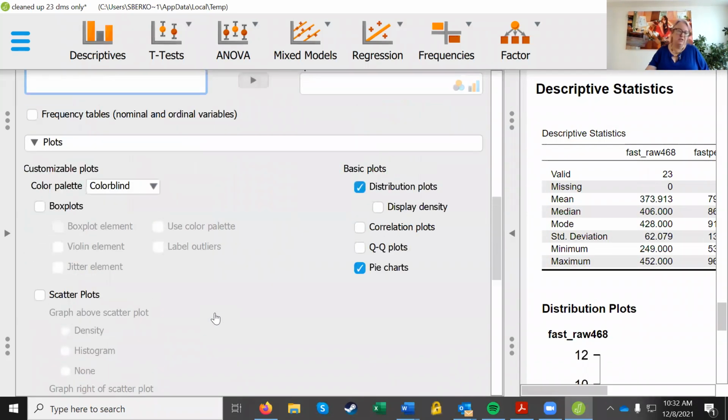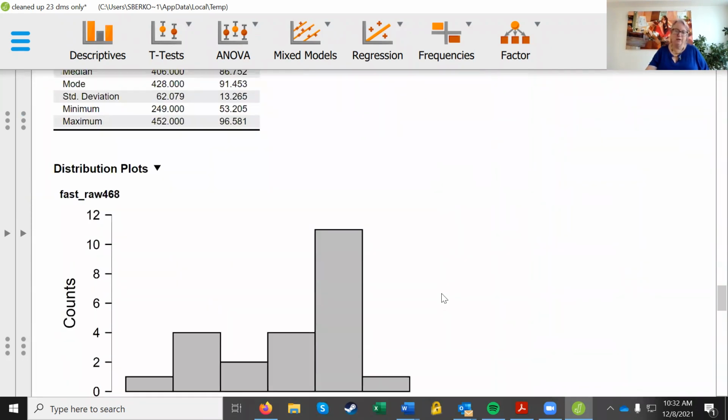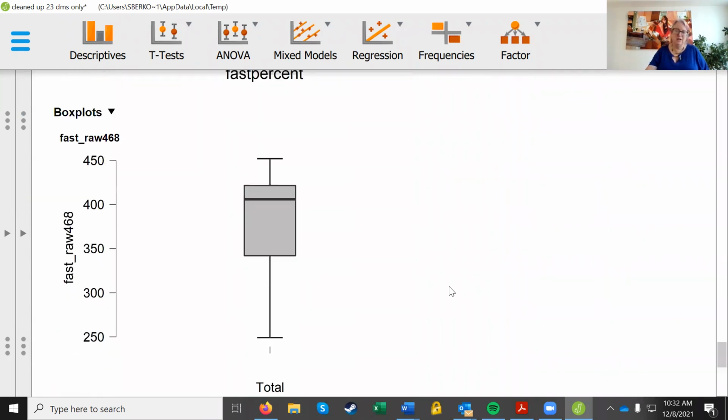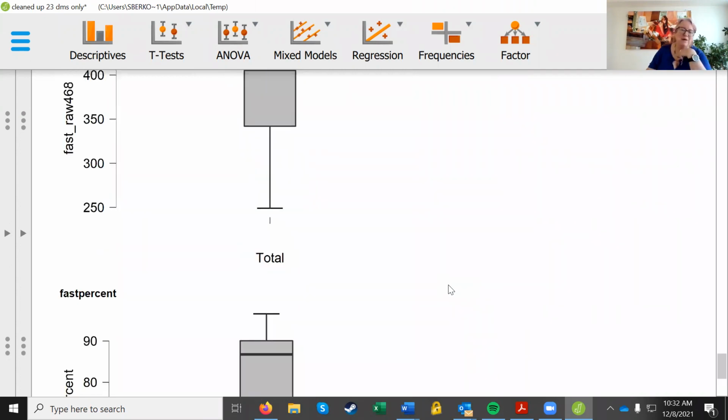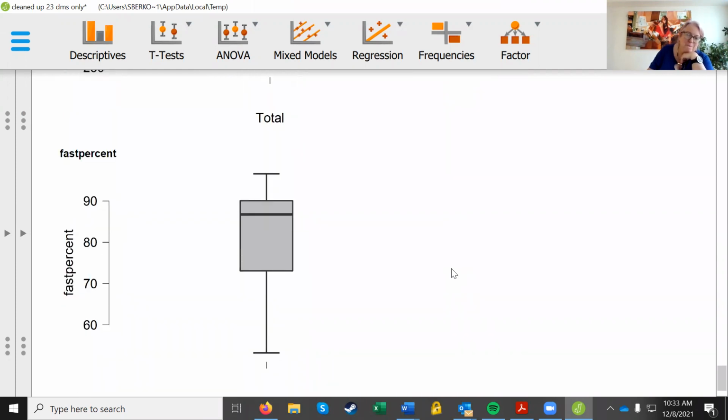We said, oh, let's not do a box plot because it'd probably be silly. Let's do a box plot anyway. I checked pie chart, but JASP is like, you can't have a pie chart for this. What are you even talking about? It didn't even give me one. So here we can see the box plot is the same. The only thing that's different is the axis.